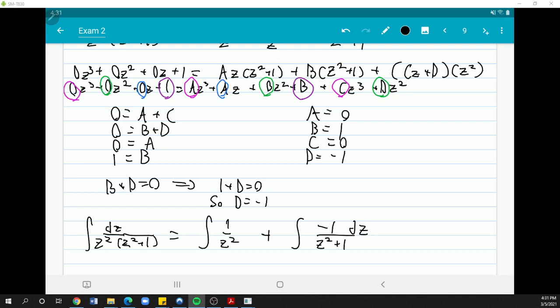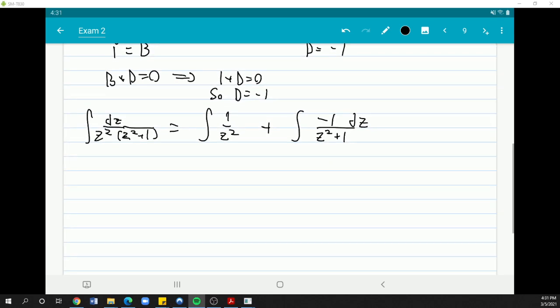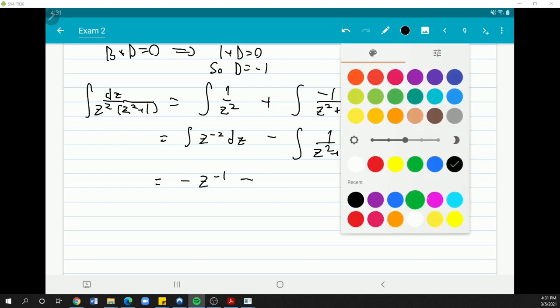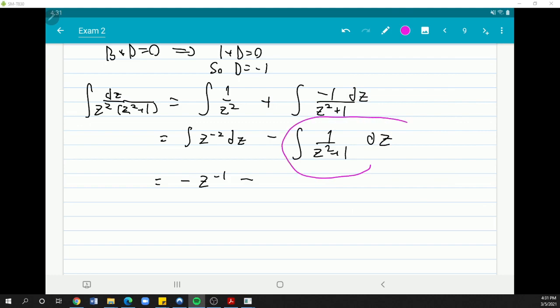Okay, so now we need to do these two integrals, but these are actually both very reasonable integrals. So this is the integral of z to the minus 2 dz minus the integral of 1 over z squared plus 1 dz. So finally we get minus z to the minus 1 minus, and this is one that students sometimes get tripped up on.